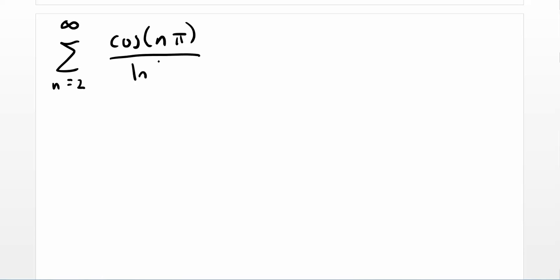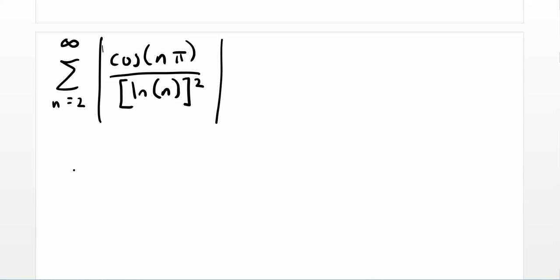Let's look at another example. Okay, so this is the third type of alternating term that we had. So again, we'll consider the absolute value of this.